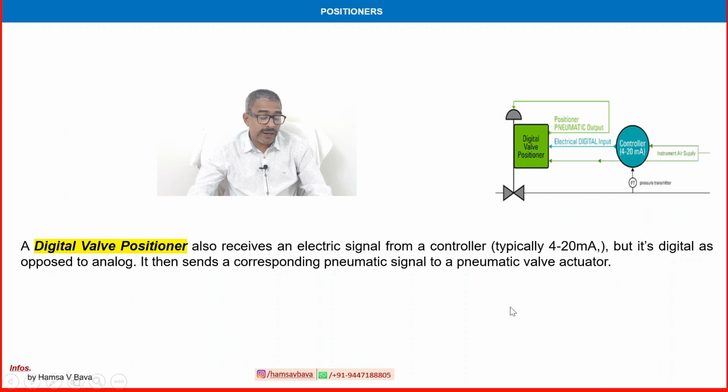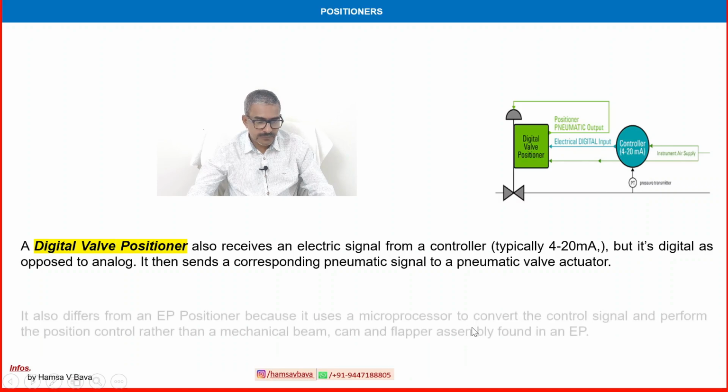transducer. In other analog and digital controllers, like a PLC, where the positioner is analog, digital, or electro-pneumatic type, a transducer is required to convert the electrical signal 4 to 20 milliamps to 3 to 15 psi.